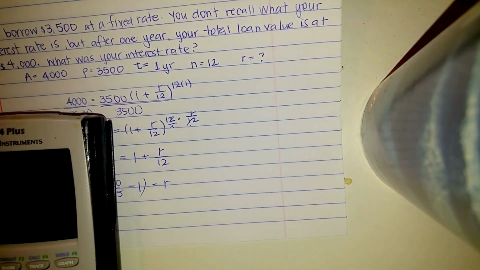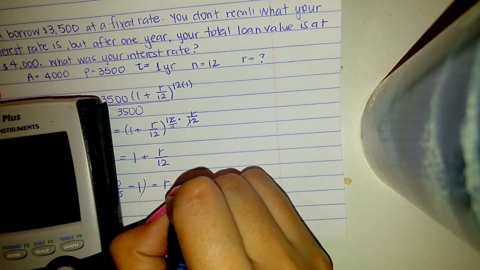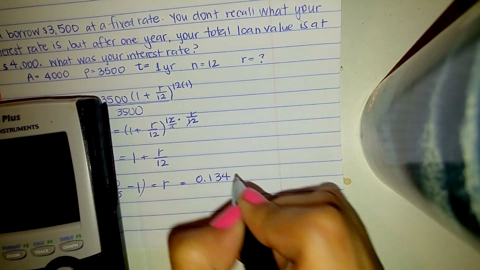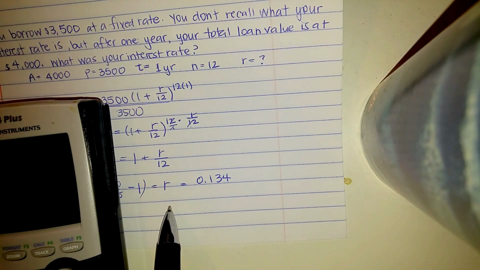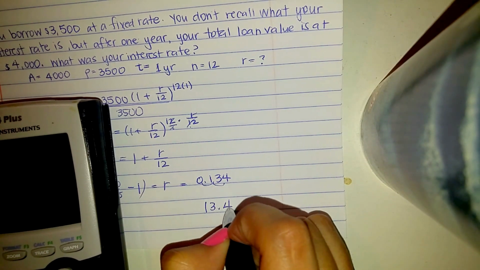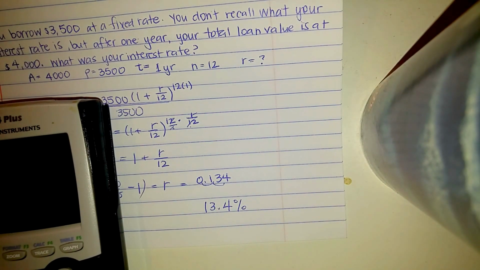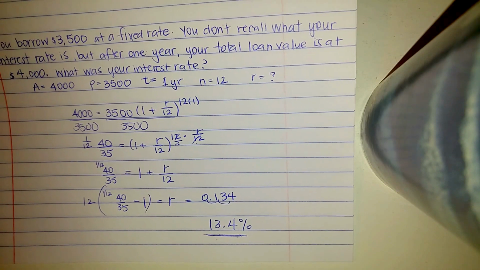Okay, and now I get 0.134. Now this is a decimal, and r is usually a rate, a percentage, so I'm going to change that to a percentage. I move the decimal over twice, and I get 13.4%. And at this realization, if I take a look at this, I realize that this interest rate is pretty high. So probably shouldn't have taken that loan out.